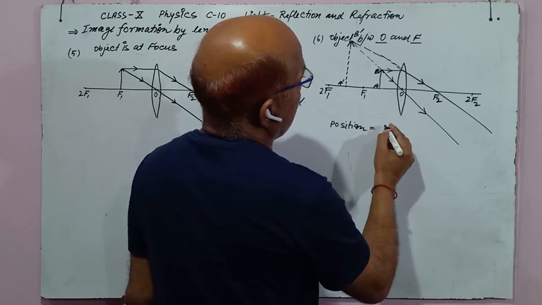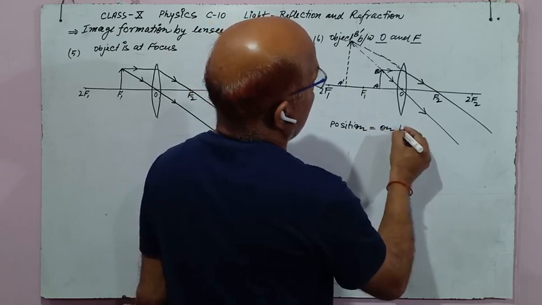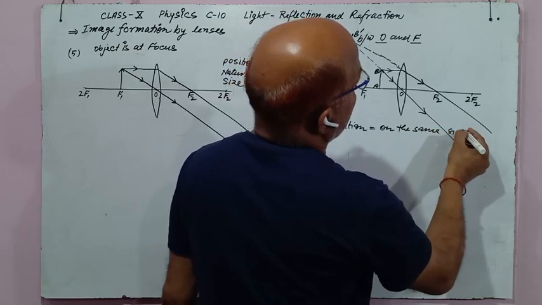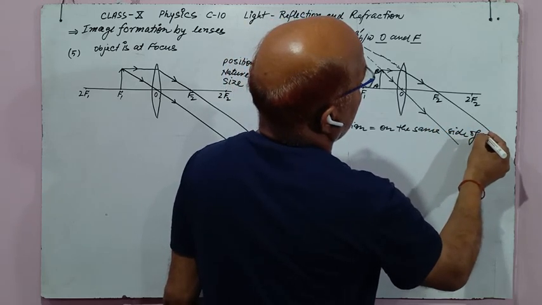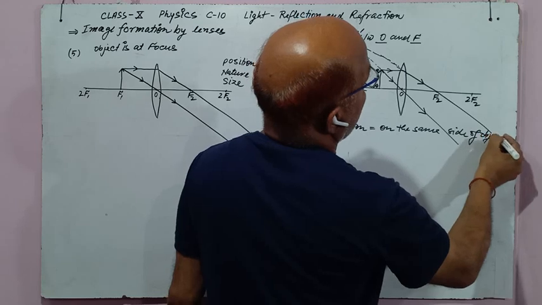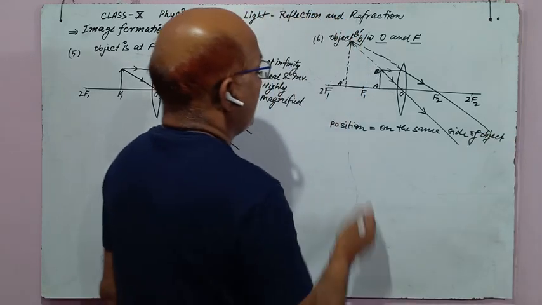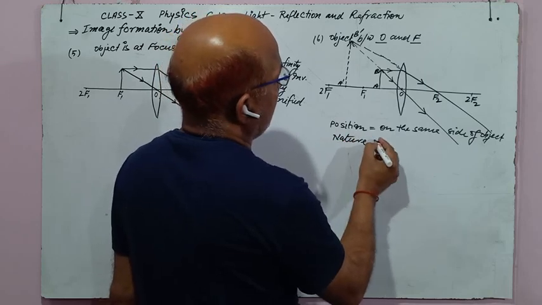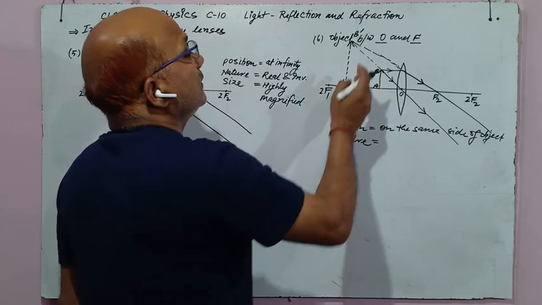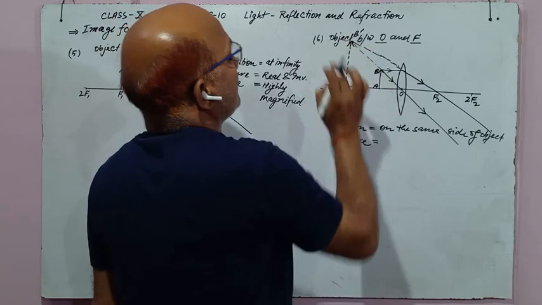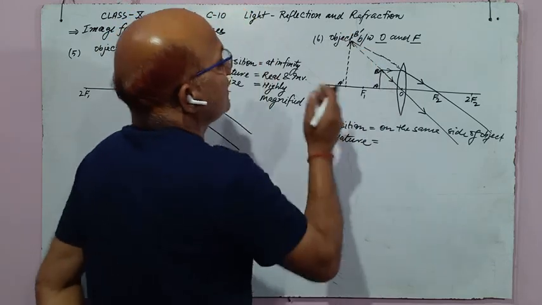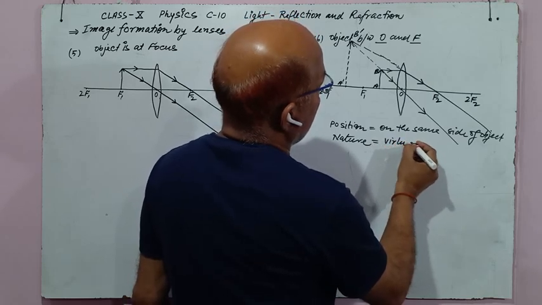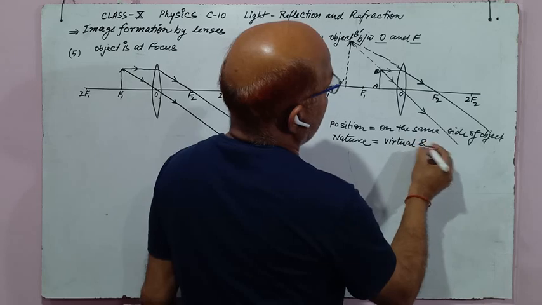So now, what is the position of image? Position is on the same side of object. What is the nature? Because the rays are not really meeting at this point, so this image is virtual and erect.